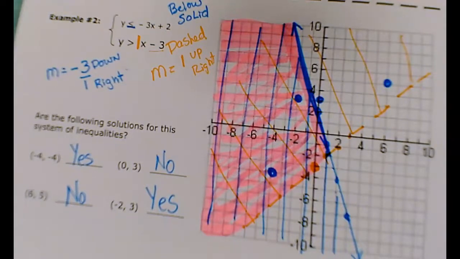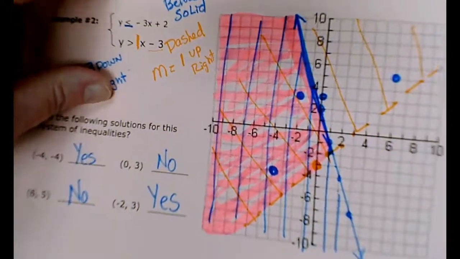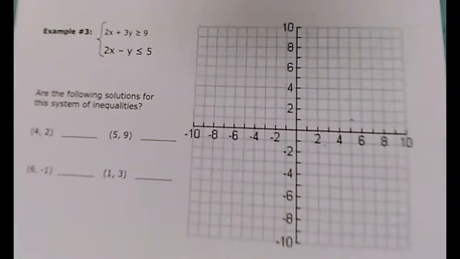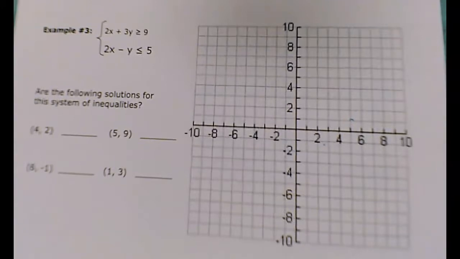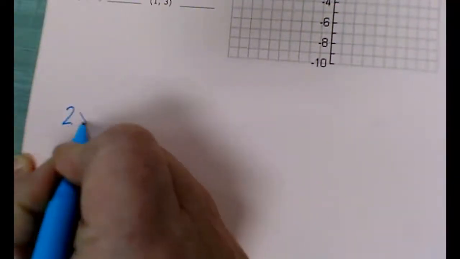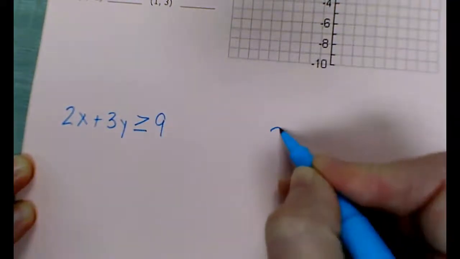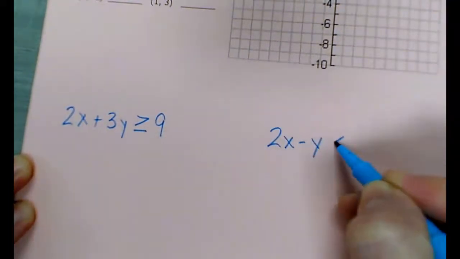Are you ready for the next example? This example is not in y equals mx plus b form, so guess what I have to do first? I need to put it in y equals mx plus b form.